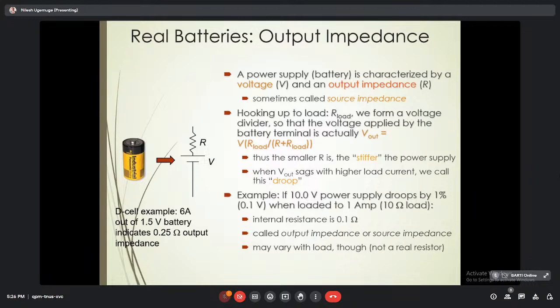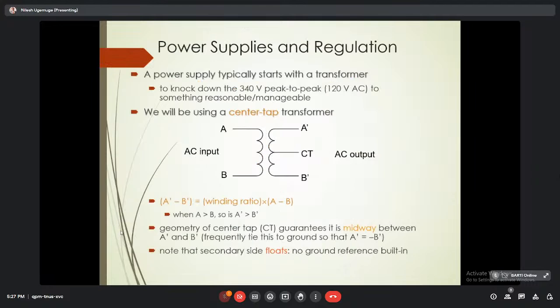Impedance is nothing but the total resistance offered by the circuit. Every component has its own resistance, and if we add the entire resistance, then we can calculate the total resistance offered by the circuit, and that is what we call impedance.